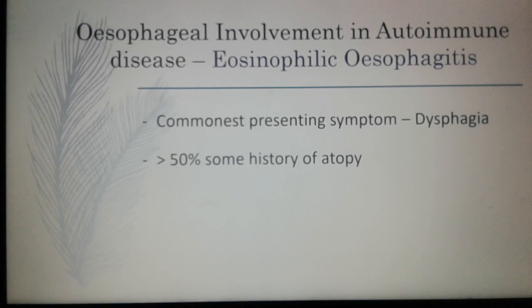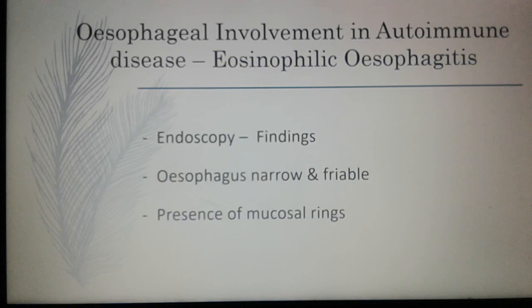Dysphagia is the commonest presenting symptom for these patients, and more than half of the patients give a history of atopy. Then on upper GI endoscopy, the esophagus is narrow and very friable, and there are mucosal rings.